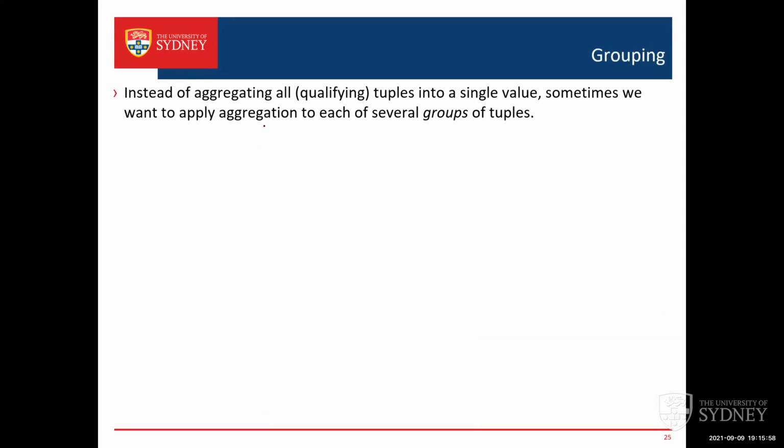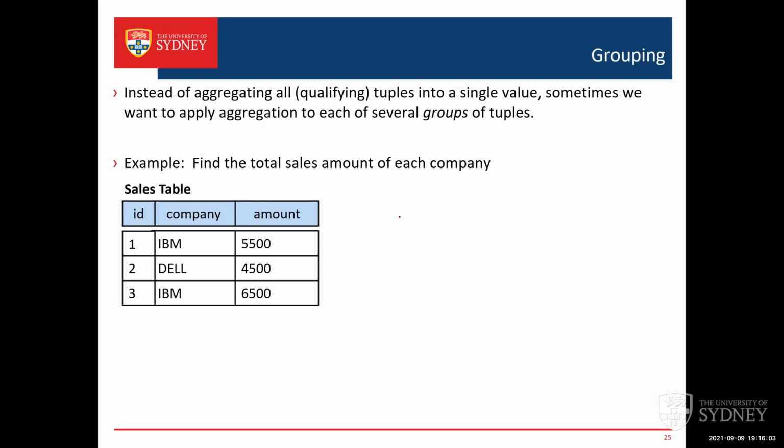Grouping, next part. Why do we need to understand grouping? Think about this query. Find the total sale amount of each company. So in this table, it's the sales table. I have company and amount. Okay. So IBM, Dell, and IBM, I want to know the sale amount of each company.